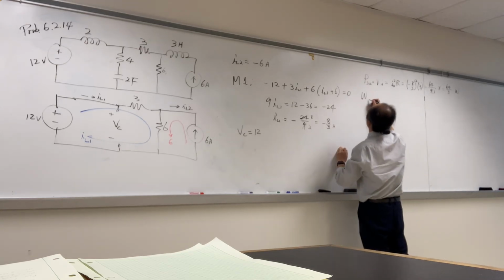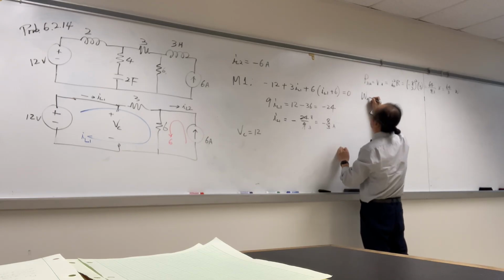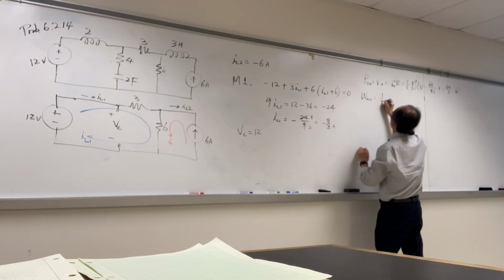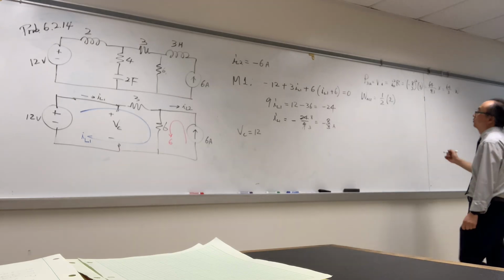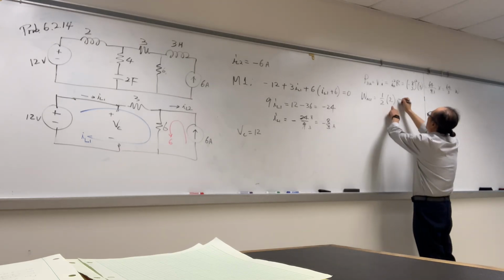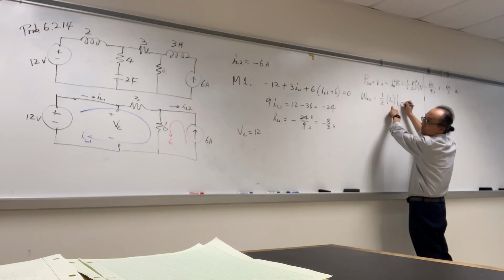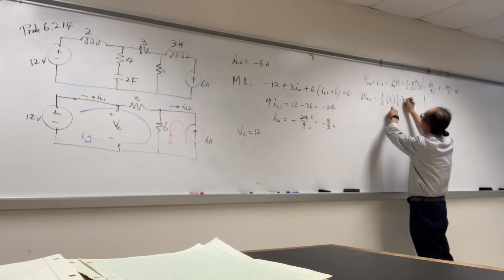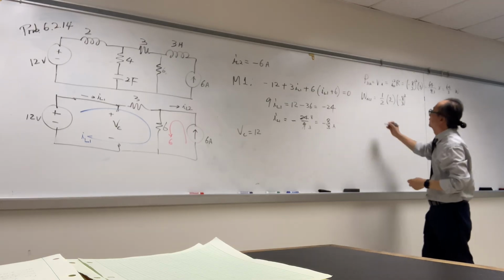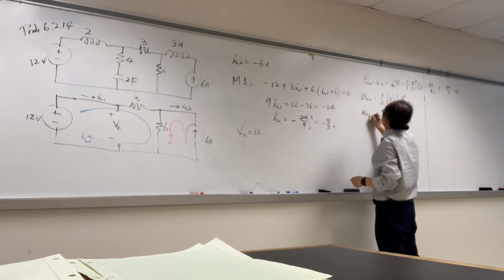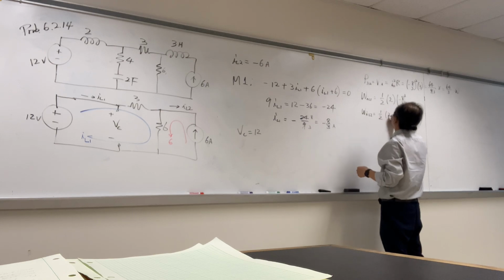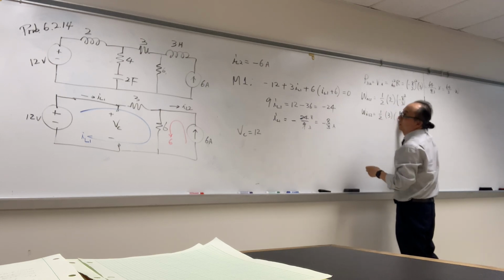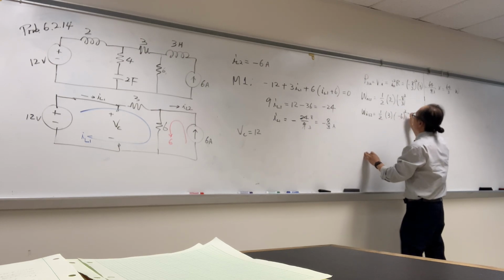And then W for IL1 equals 1 over 2 L1, IL1, negative 8 over 3 squared. WL2, 1 over 2 L2, 3, IL2, negative 6 squared.